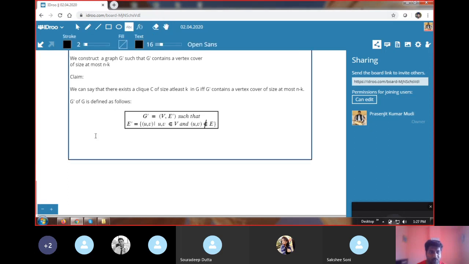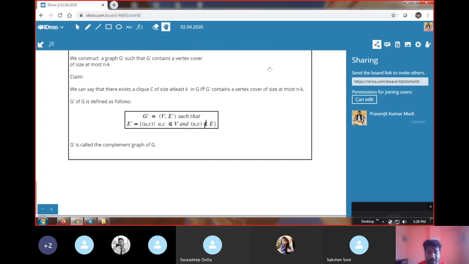So this G dash is called the complement graph of G. This is the complement of graph G.